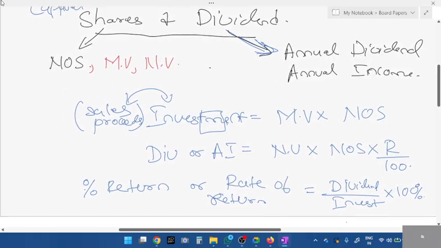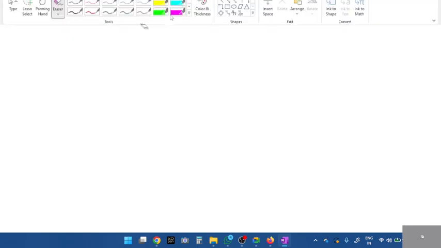Okay, capital is also known as total investment. Capital doesn't belong to a person, it belongs to the company.